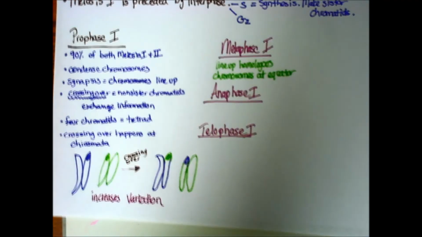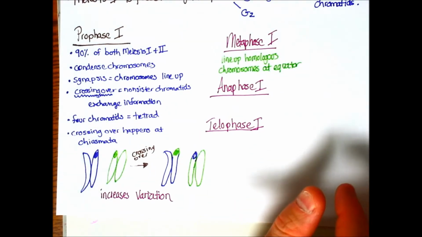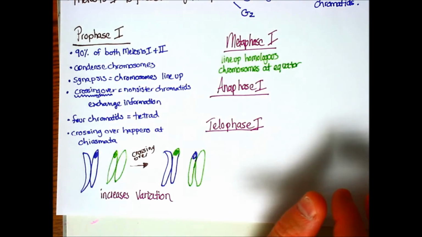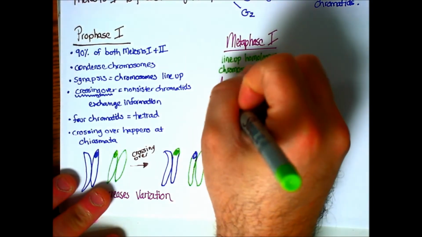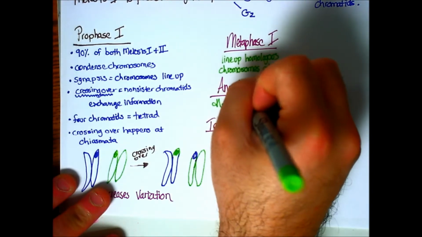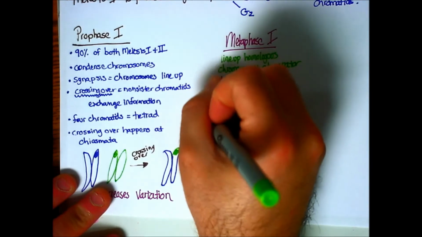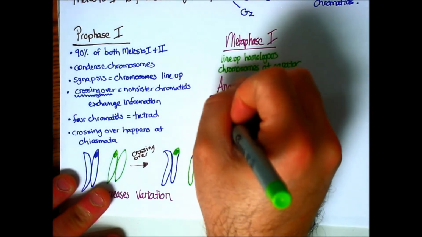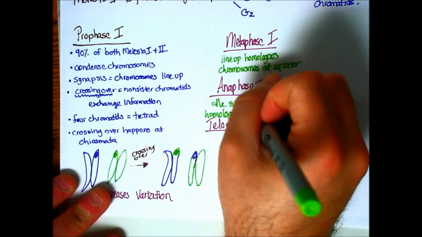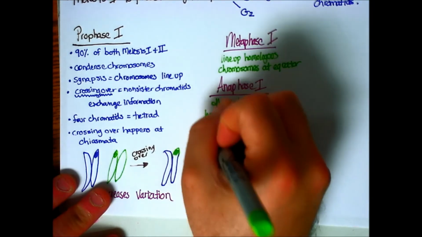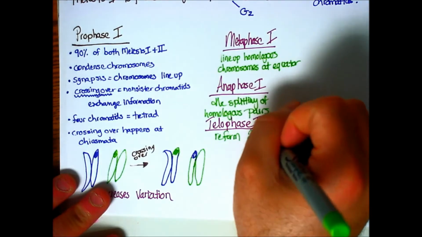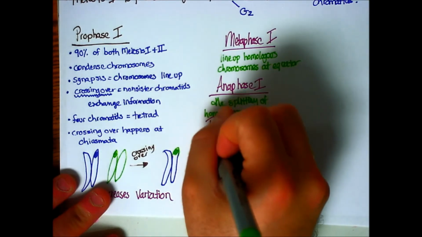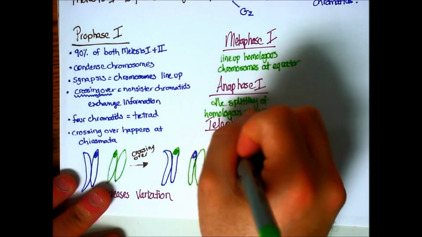And what are you splitting up in anaphase 1? Are you splitting up homologous pairs or the sister chromatids? The homologous pairs. So in anaphase 1, you observe the splitting of the homologous pairs. And in telophase 1, you reform the two nuclei around each set of chromatids.